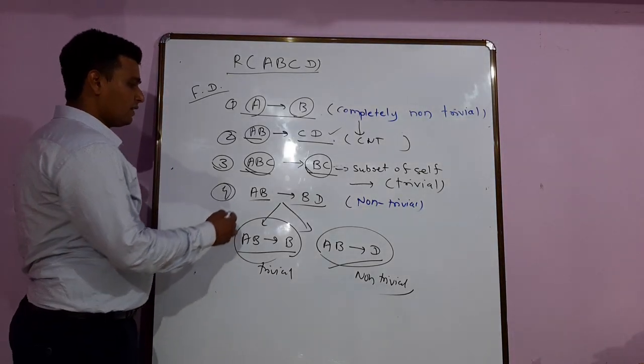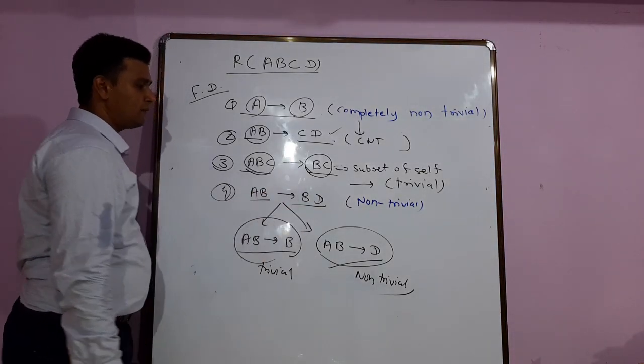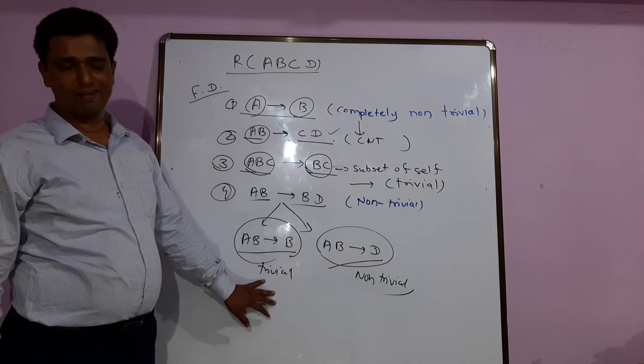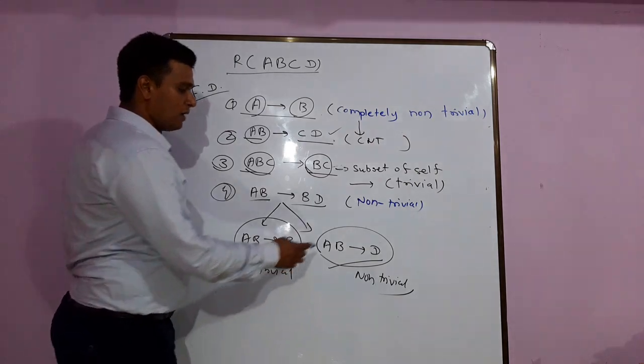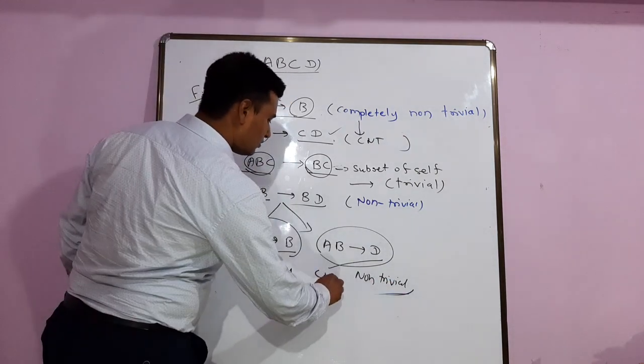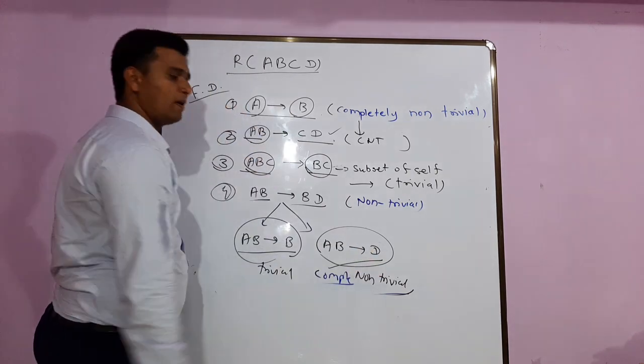So we were seeing this example AB determines BD. Now we have divided it into two. AB determines B is a trivial functional dependency, as well as AB determines D, which is completely non-trivial.